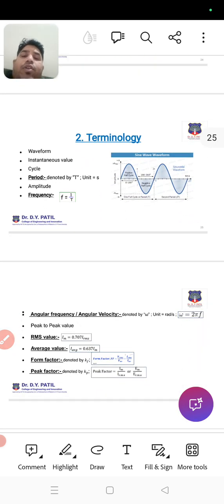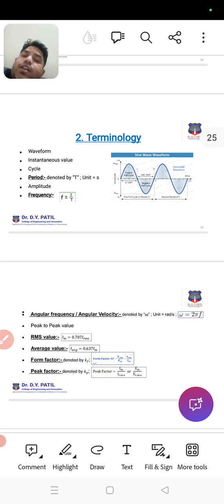Now, terminologies of some waveform. A set of positive and negative portions of an alternating quantity we call a waveform. Instantaneous value is defined as the instant value of that waveform.